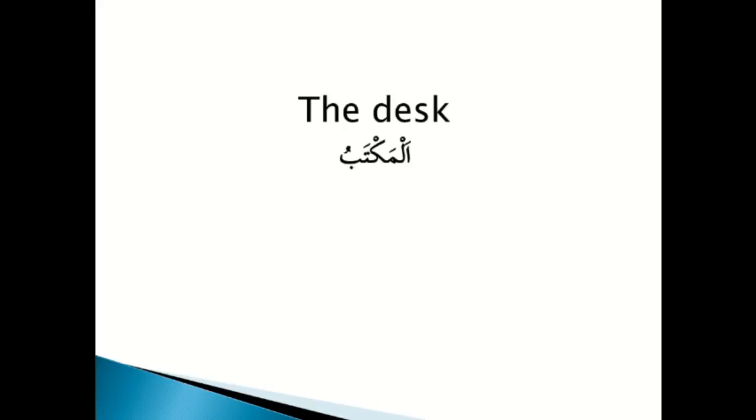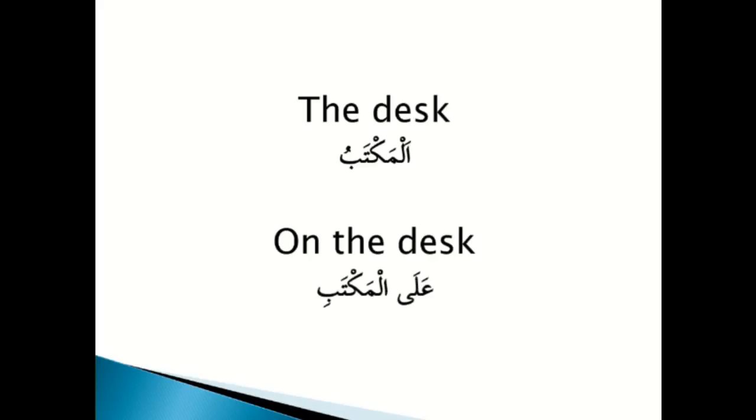So the harf al-jar, an example is fi. Okay, this way. On the desk. You're going to use ala, translated. Ala al-maktabi. Okay, so do you notice there's a sequence.